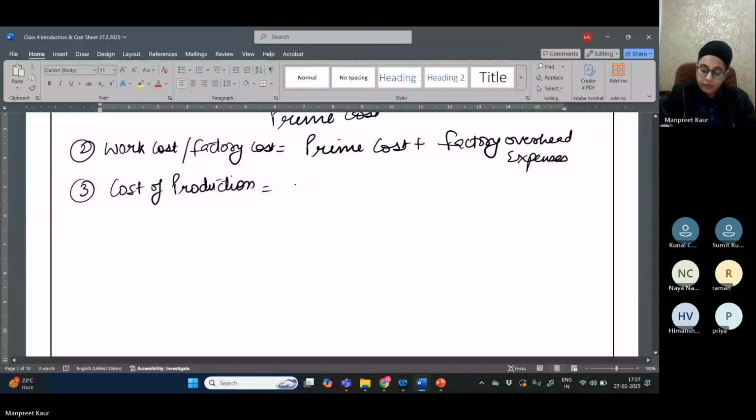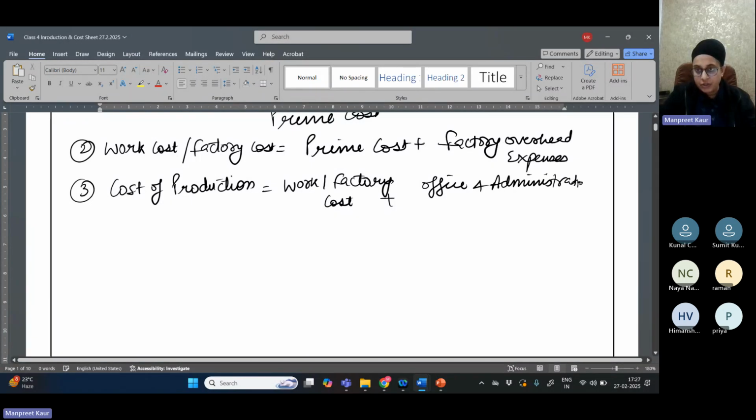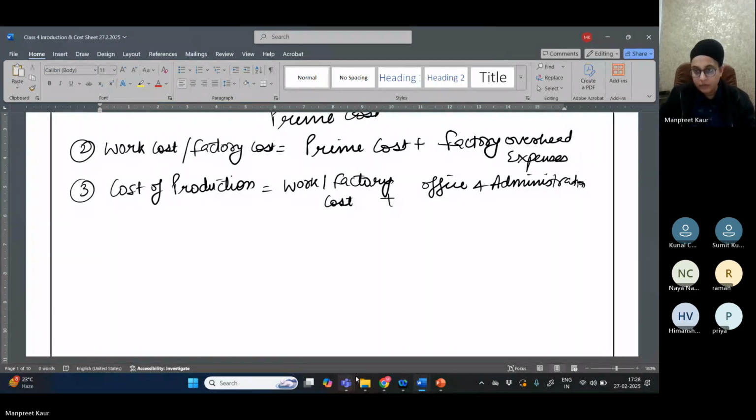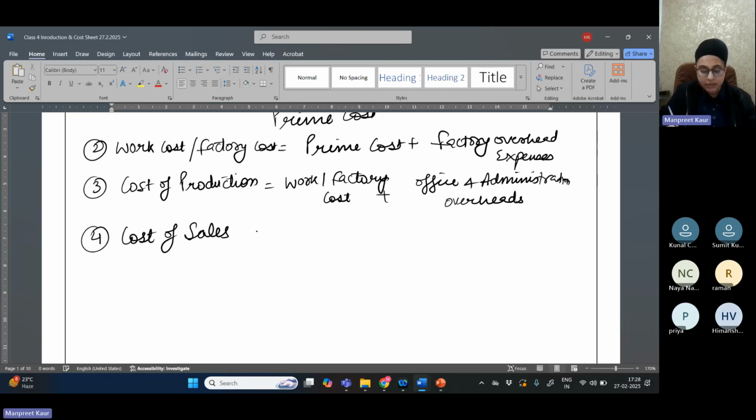It is work or factory cost plus office and administration overheads. Next is the cost of sales.